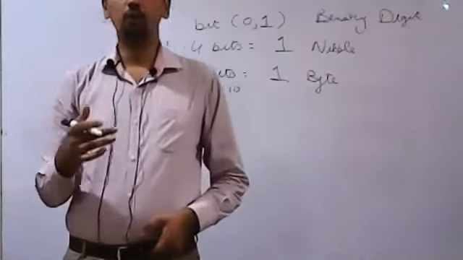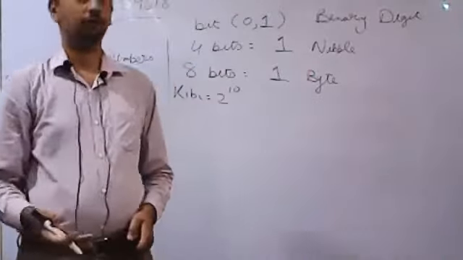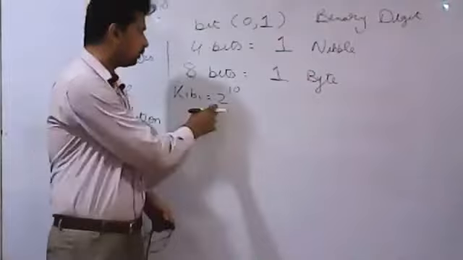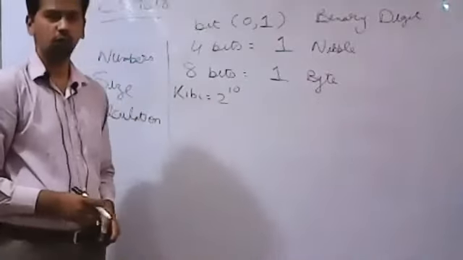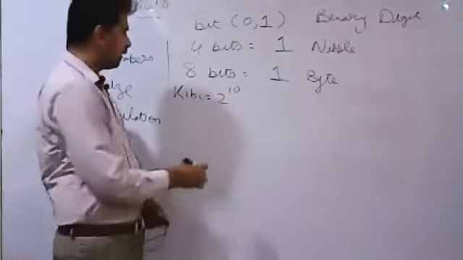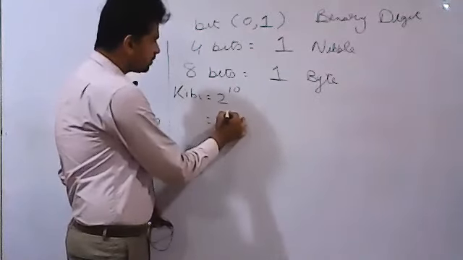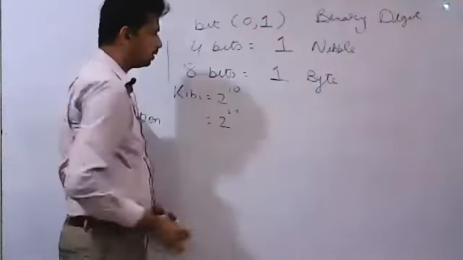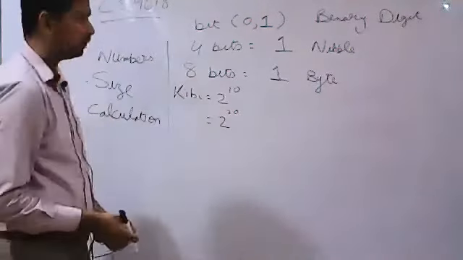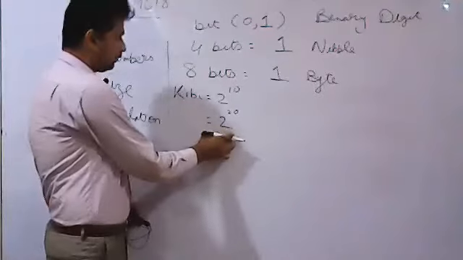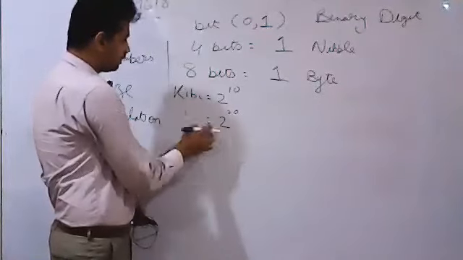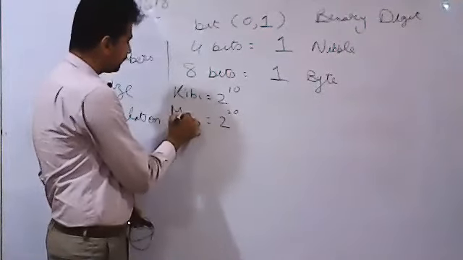Just like you call 1,000 meters a kilometer, you will call 1024 a kibi. Then, if we increase the exponent by another factor of 10, we are going to call this prefix a mebi.